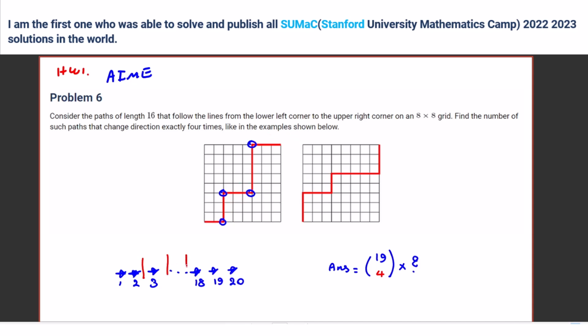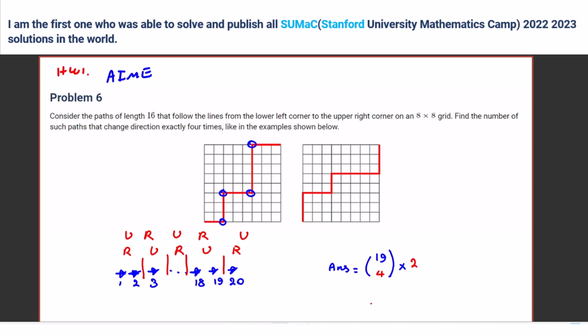For example, if the first one is right, like here, right, up, right at the end, or like this, you can go up, then up, right, up. So for each case, you should multiply by what? Times 2? Exactly. So it is our answer, right?